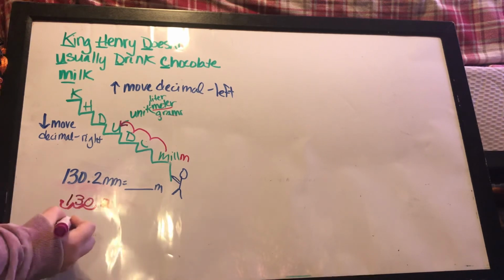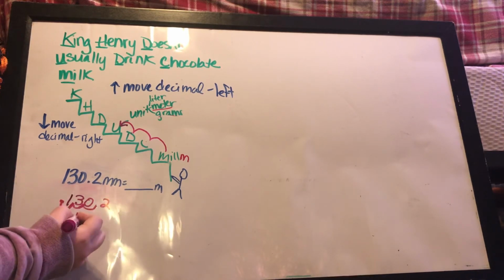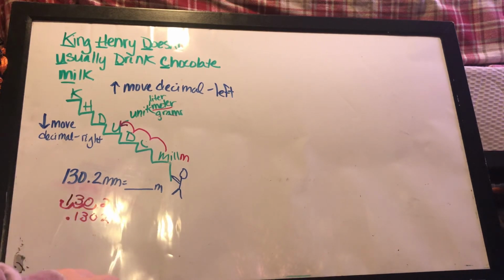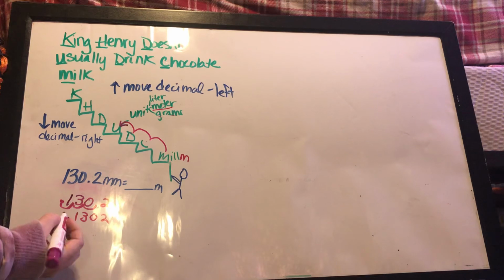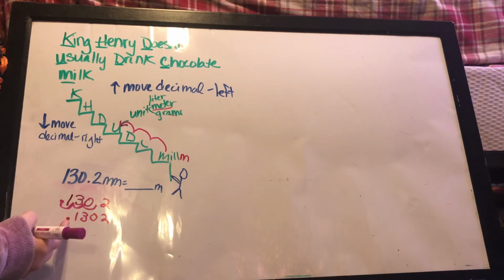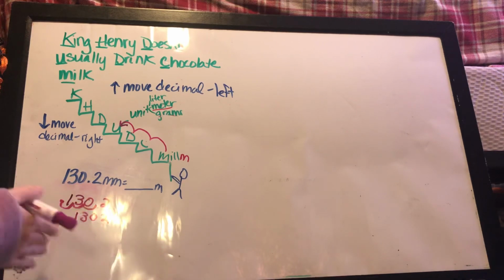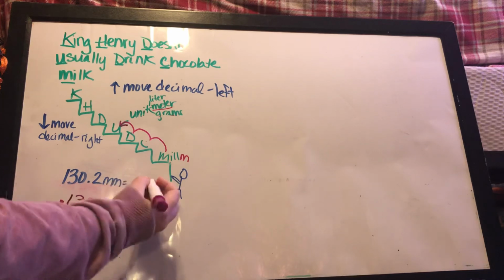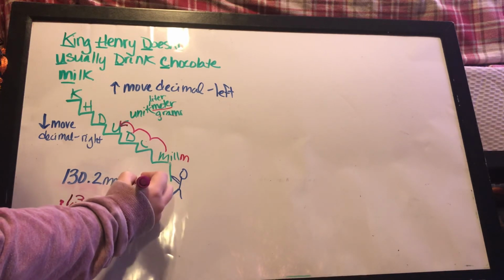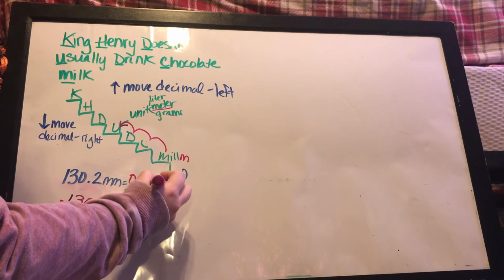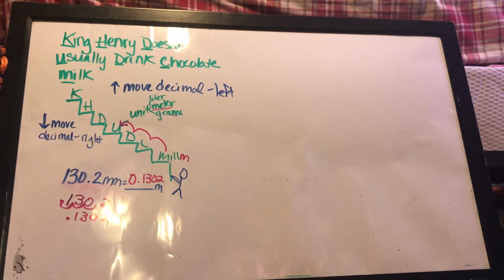So our answer becomes a decimal 1302. But as we discussed in class, we have to make sure that we put those 0 placeholders in front of our decimal. Because on your state exam, they're not just going to have a decimal and then a number. They're going to have a 0 placeholder there. So your answer becomes a 0 and 1,302 10,000ths. So that's what your answer becomes.